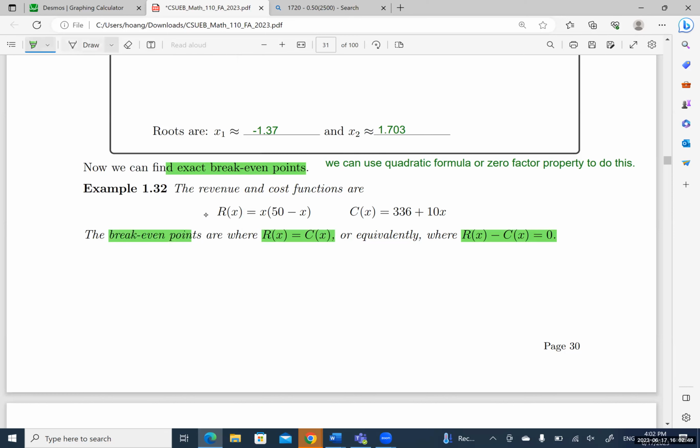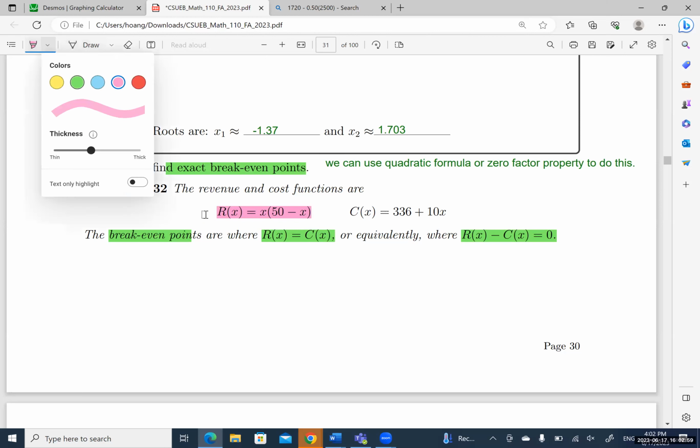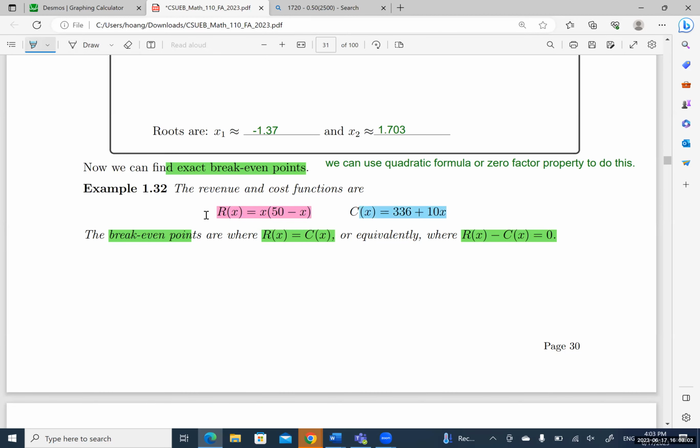We are given the revenue function, x times (50 minus x), and the cost function, 336 plus 10x.